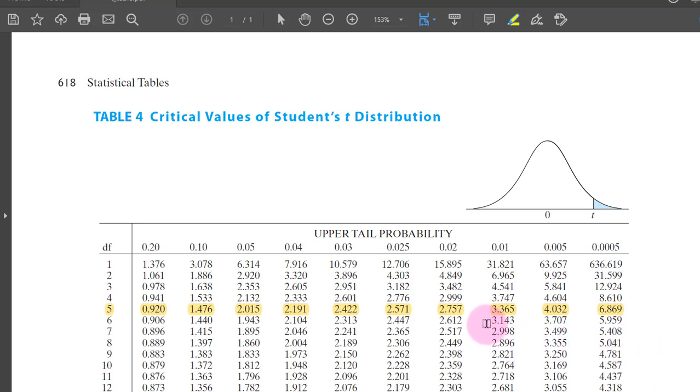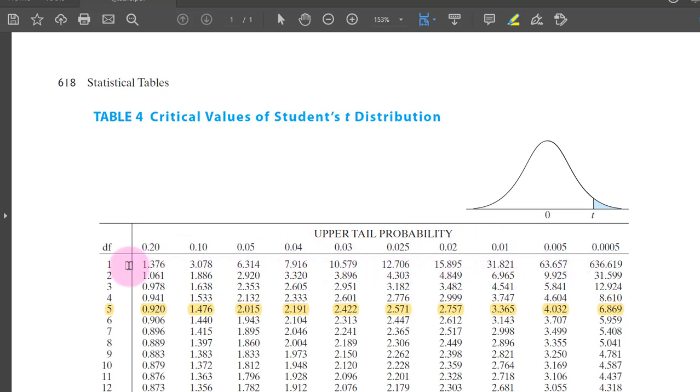So these are the tick mark values that define this upper tailed region in the right tail. Notice each column says 0.2, 0.1, 0.05, 0.04, getting smaller and smaller.